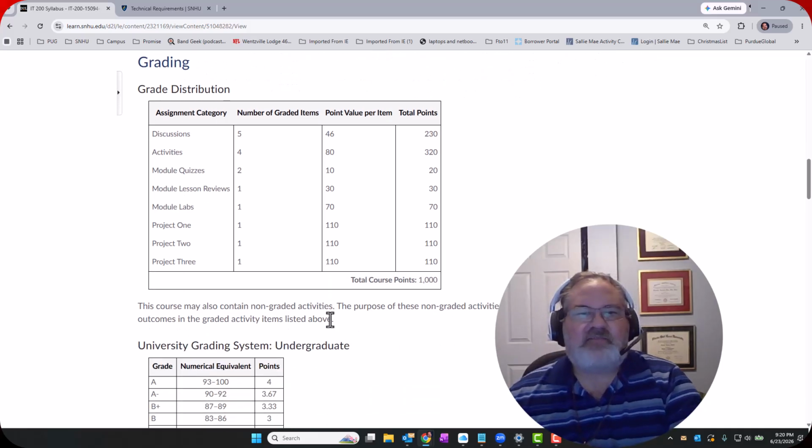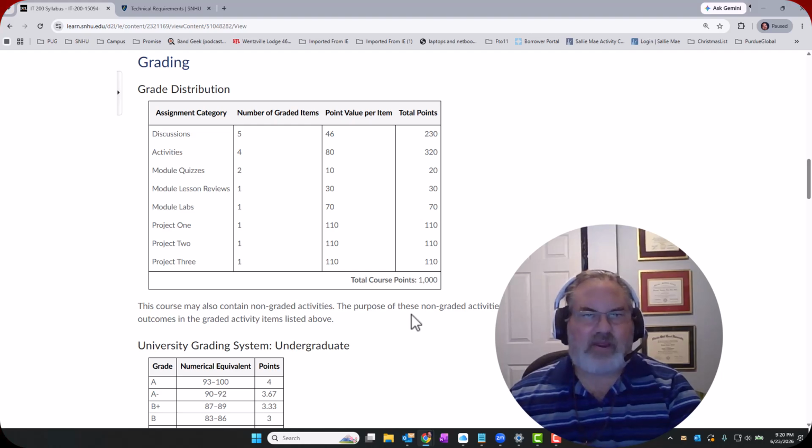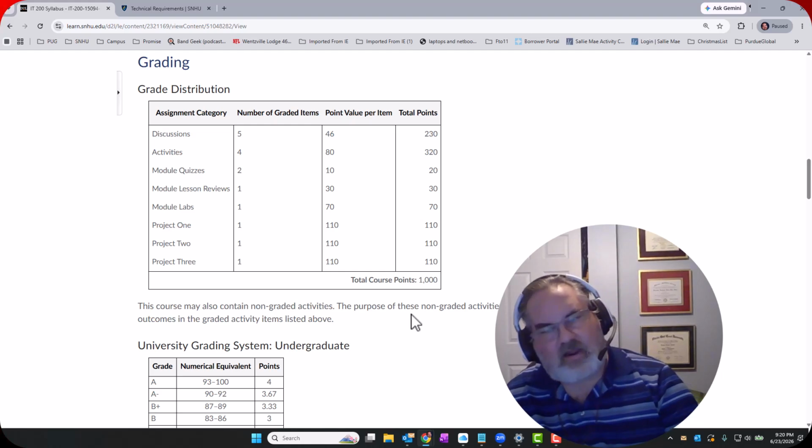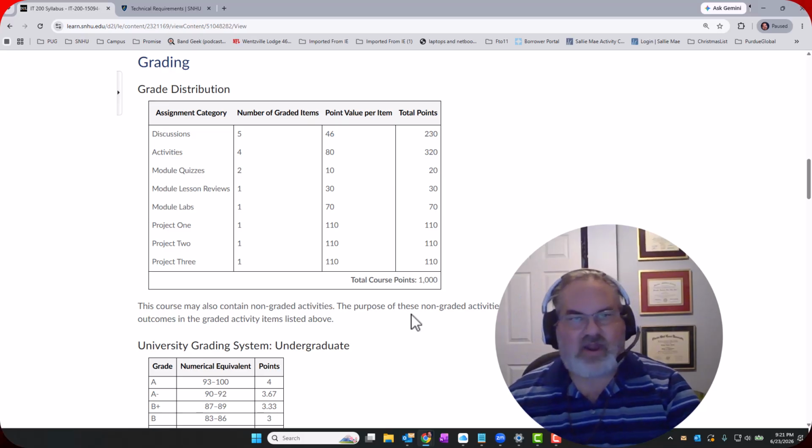This course may also contain some non-graded activities, which it does. The purpose of those non-graded activities is to assist you in mastering the learning outcomes in the graded activities. So there are some things that are non-graded that I do encourage you to take advantage of, because those things will help you prepare for the graded items and give you some practice.